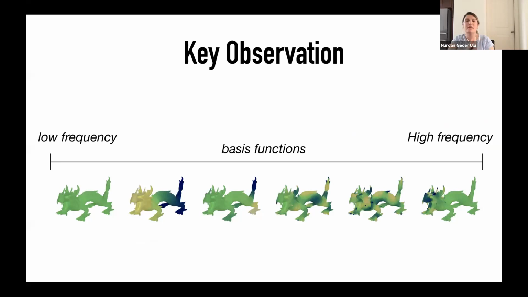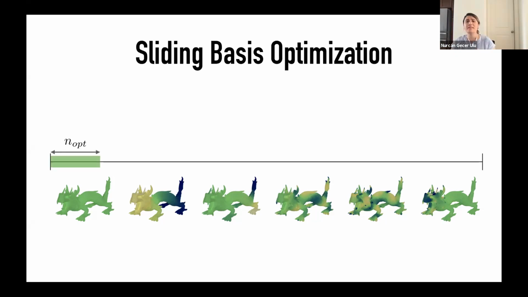What I mean is that the key observation in our work is when we look at the basis functions computed on an object on a domain, what we see is that they form a spectrum, and they may be ordered from the lower frequency components to higher frequency components. And now we use this property to achieve the sliding based optimization work that we are presenting.